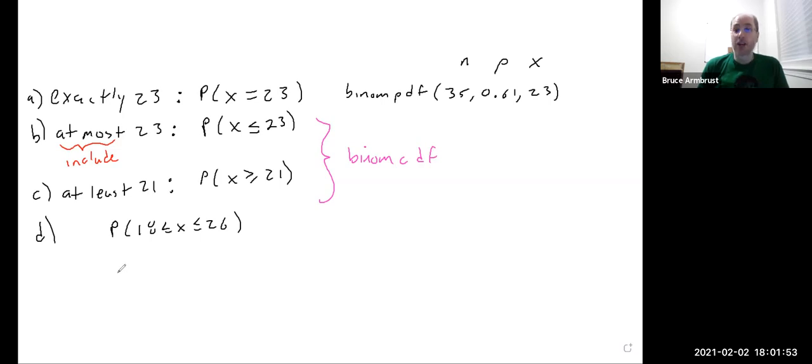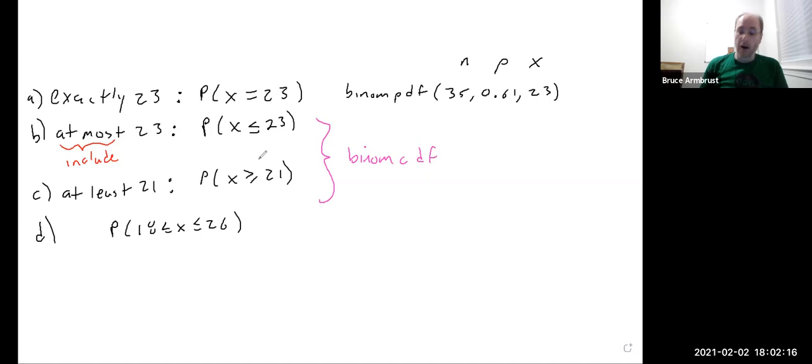And again, it depends on your calculator and what the specific command is, because some of them do CDFs from 0 up to and including that number. So like for part B, it would be a CDF of 23. But others, you can specify lower and upper bounds.